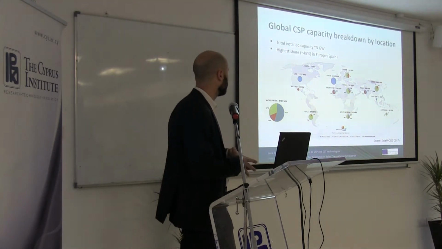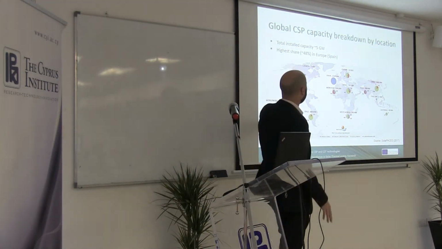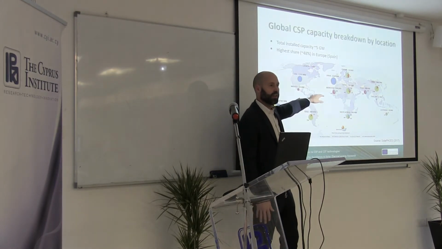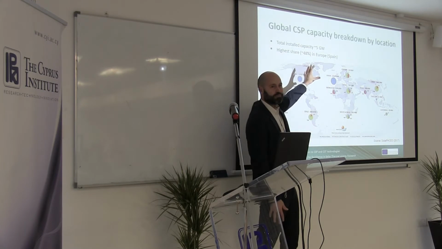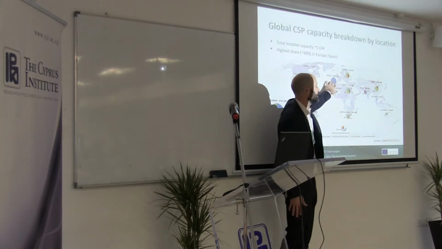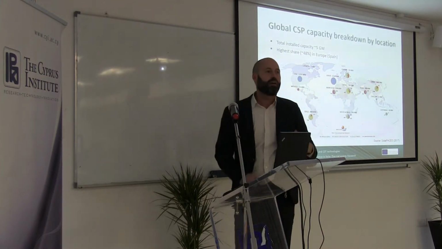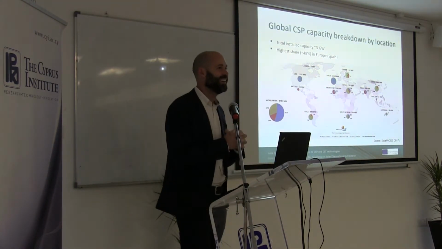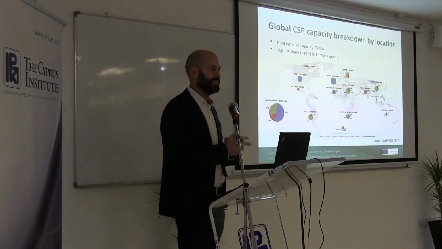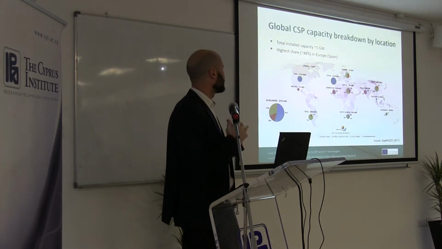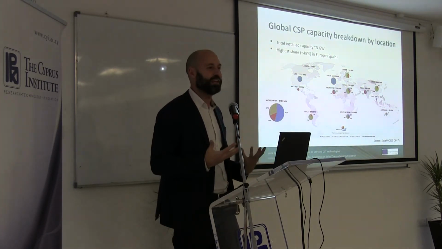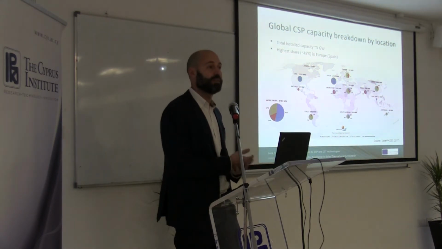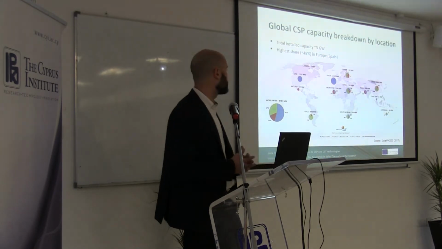So today, half of the total installed capacity, we're talking about roughly 5 gigawatts, roughly half of this capacity is in Spain today. And there are political and historical reasons why, probably Manuel will talk about this later, I don't know. So Spain today is the country where this technology has been deployed the most.